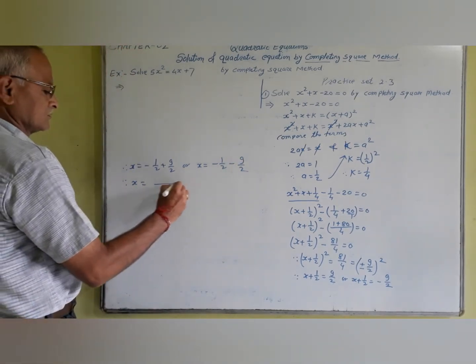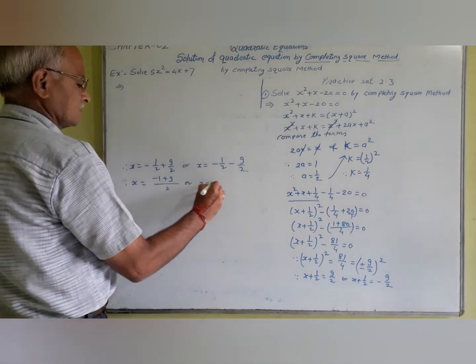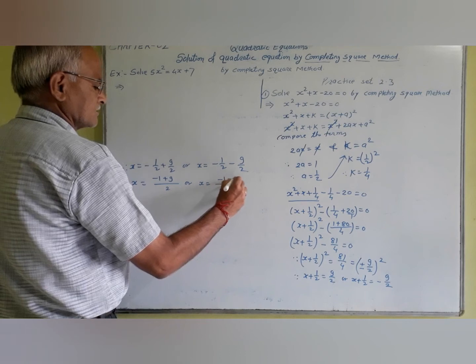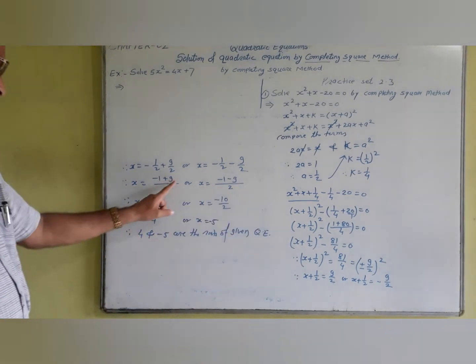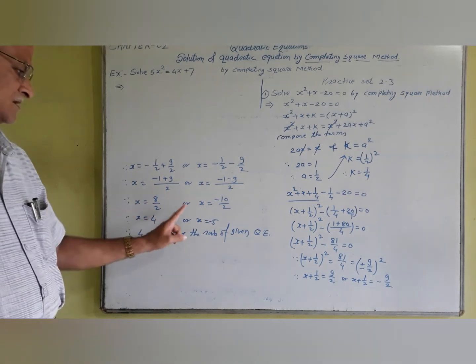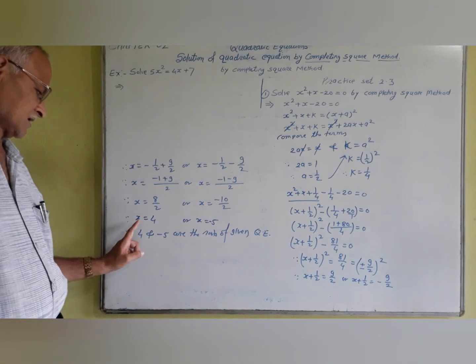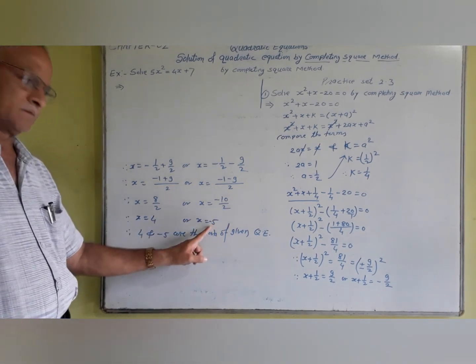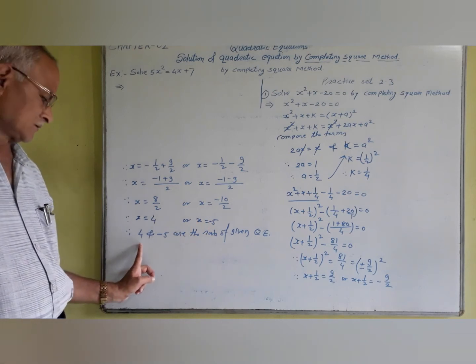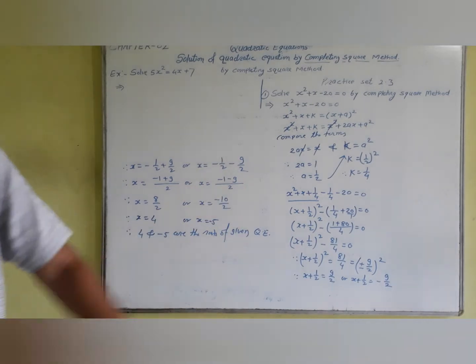Therefore, x is equal to, the denominator is the same, (minus 1 + 9)/2 or (minus 1 minus 9)/2. Therefore, x is equal to 8/2 or x is equal to minus 10/2. X is equal to 4, and 2 fives are 10, minus 5. Therefore, x equals 4 and minus 5 are the roots of the given quadratic equation.